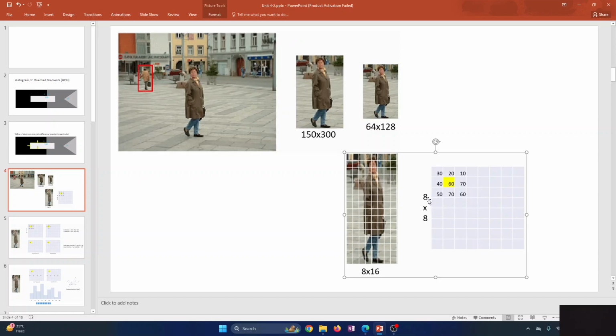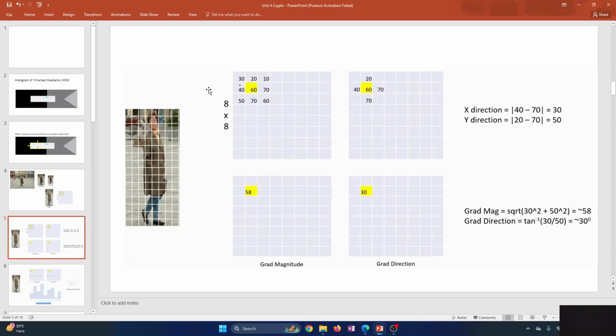There should be 8 by 8 values in this image, but I'm only considering these 5 values. And we always consider the mid one. So considering 60, we'll only consider the 4 connected neighbors, for example, these 2 and these 2. Okay, clear? Now moving ahead, since I ignored these, the remaining 4 values we have.